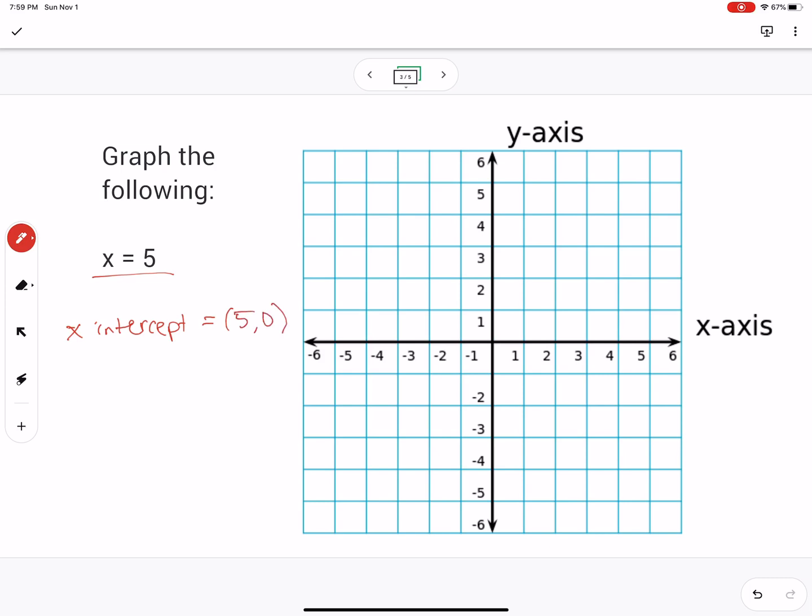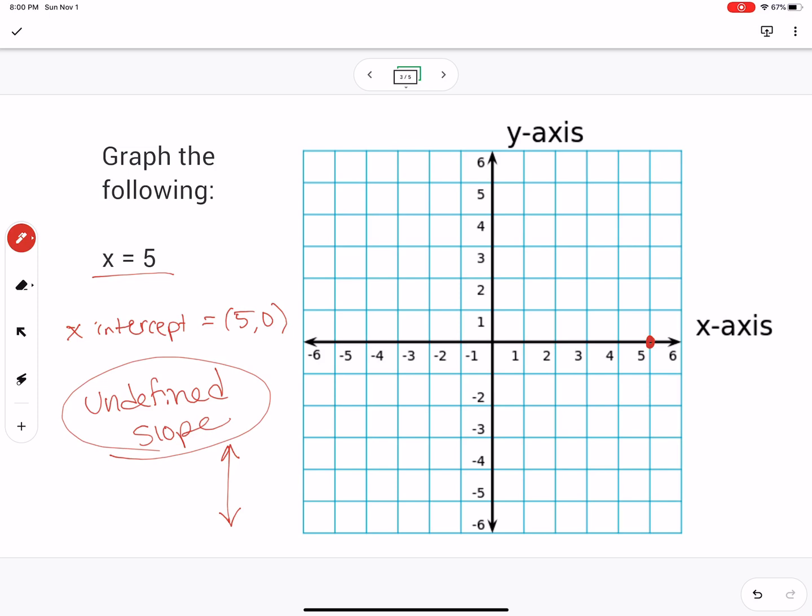So what we're going to do here, this is actually an undefined slope. And if we think back to our first lesson, undefined was a straight up and down line. So I'm going to put a dot at 5 this time. That's my x-intercept.